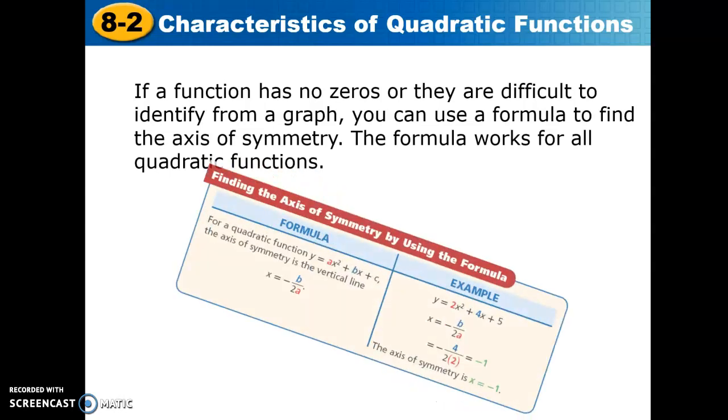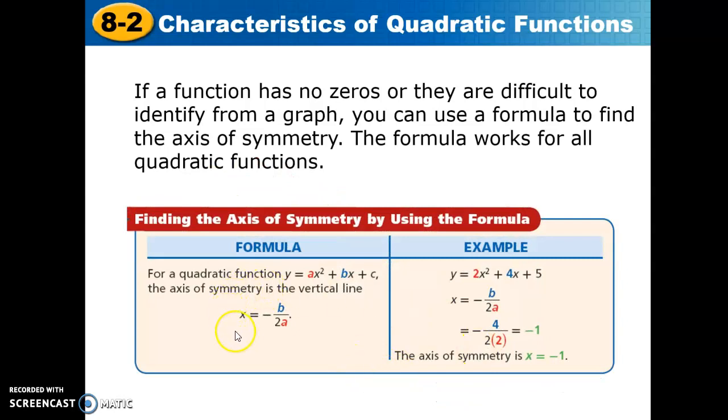Here's the formula that you can use. Okay, so I want you to write this down. You're going to use this when we graph, and you're going to use it obviously for tonight's homework. If you want to find the axis of symmetry of any quadratic function, you use the formula x equals -b over 2a. -b over 2a.